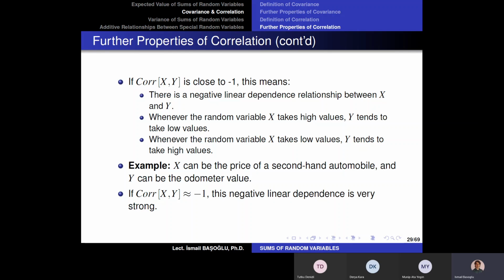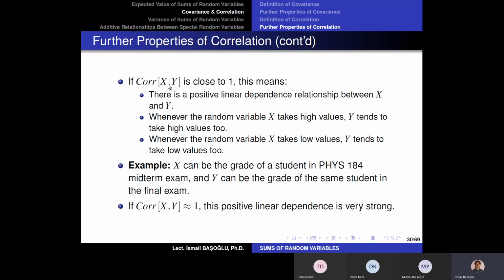But even so, the relationship between the price of a second-hand automobile and the odometer value is very strong, and the observation of the odometer value is almost enough to get an accurate prediction about the price. So this negative linear dependence is very strong if the correlation is close to -1.